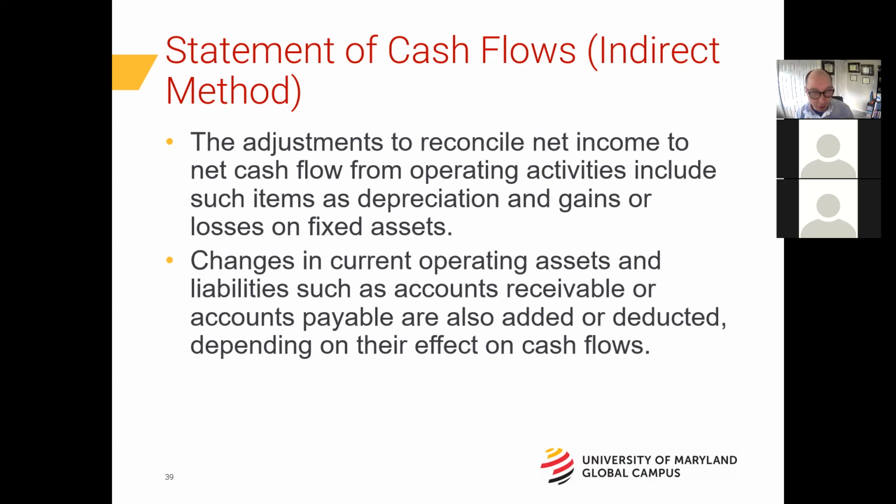Now, there's reasons why managers are interested in seeing either or, right? The direct method is more preferred for managers who are interested in seeing the differences between cash coming in and cash going out for individual uses.